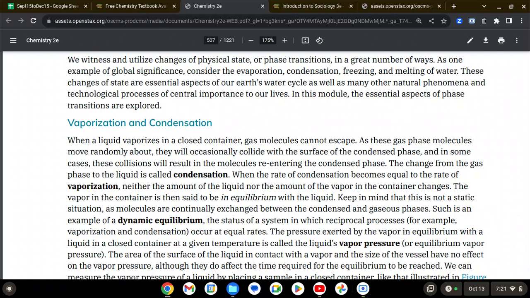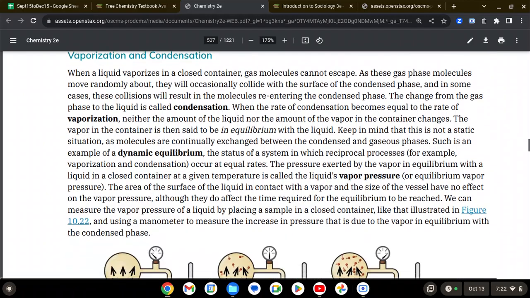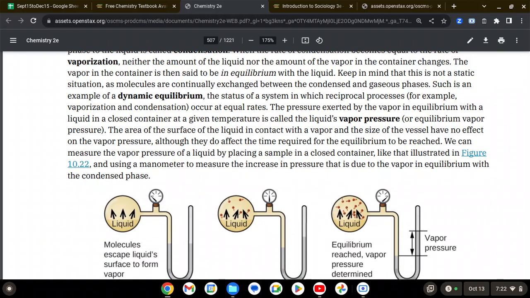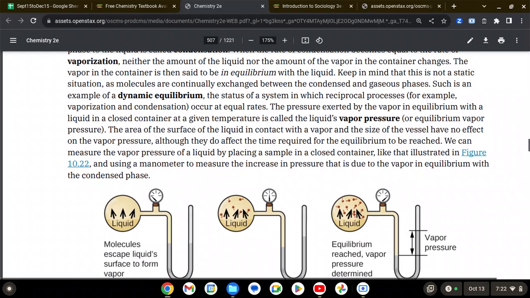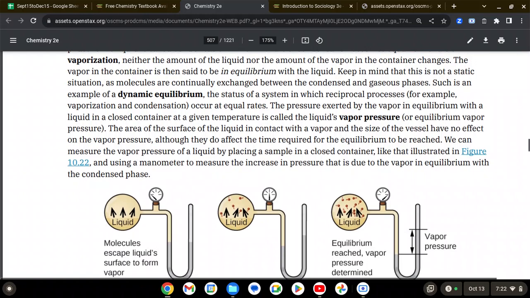Keep in mind that this is not a static situation, as molecules are continually exchanged between the condensed and gaseous phases. This is an example of a dynamic equilibrium, the state of a system in which the reciprocal processes, for example, vaporization and condensation, occur at equal rates.